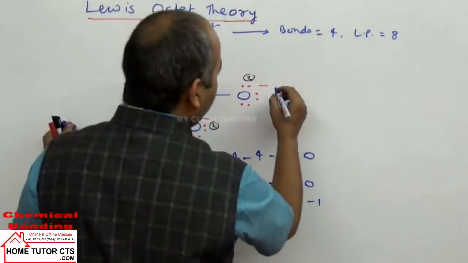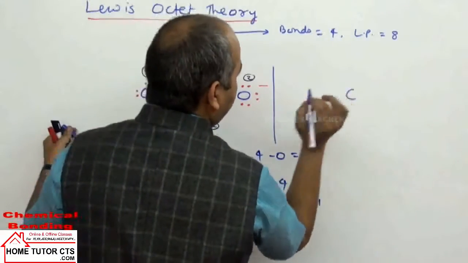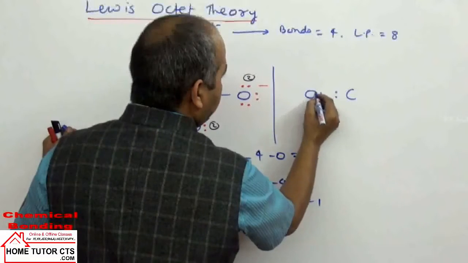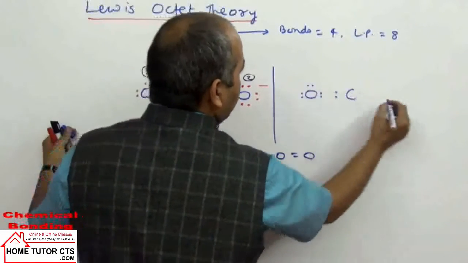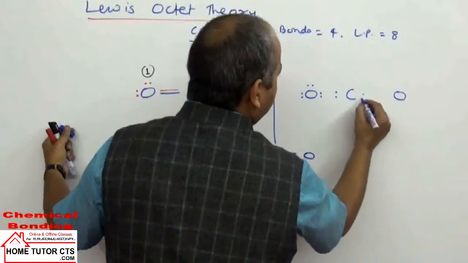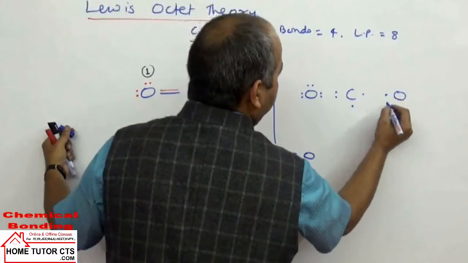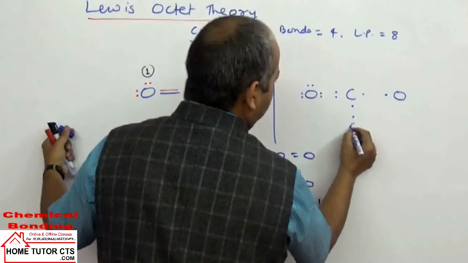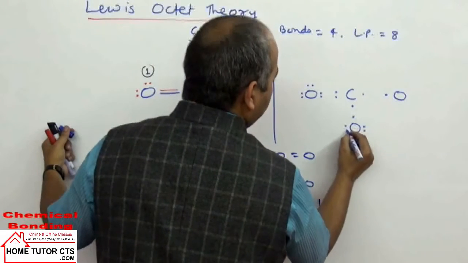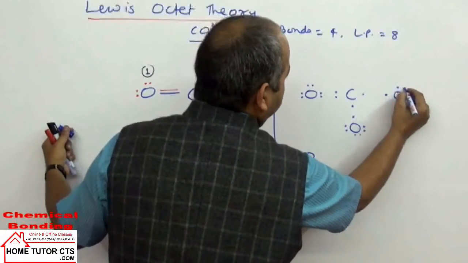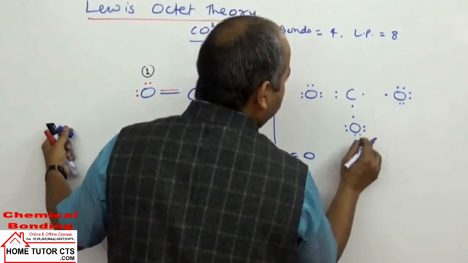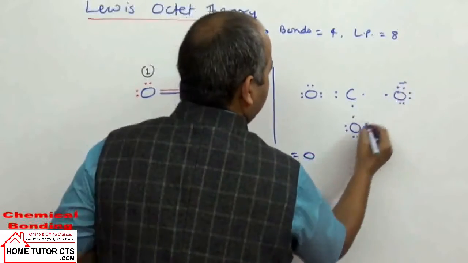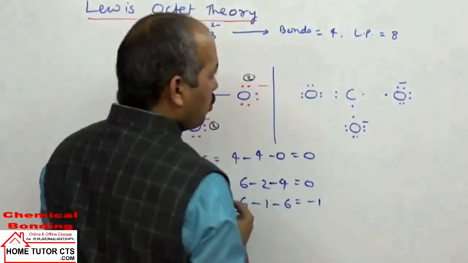This structure I can also write in one more way. Carbon will share 2 electrons with the second oxygen atom on this side, and on one side it will share 1 electron, and then O will have negative 1 formal charge because an extra electron comes on oxygen. This one had no charge.